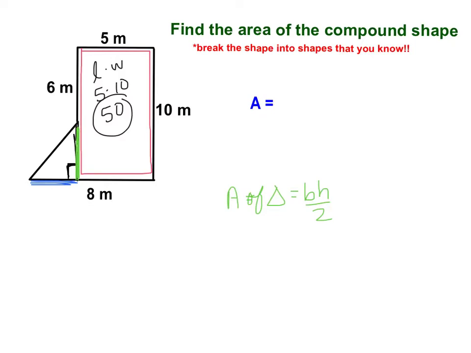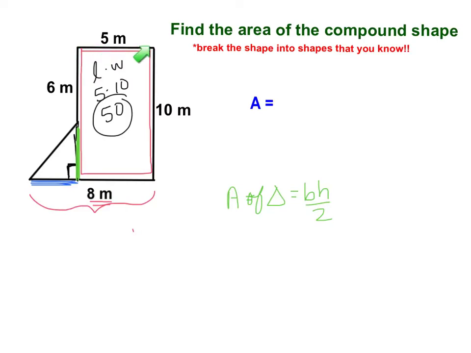So let's figure out what the base is first. If you recall, this whole entire thing is 8, but I don't want the whole entire thing, I only want this section. Well, recall the parallel sides are congruent, so this whole section is 8, and this little section is 5.